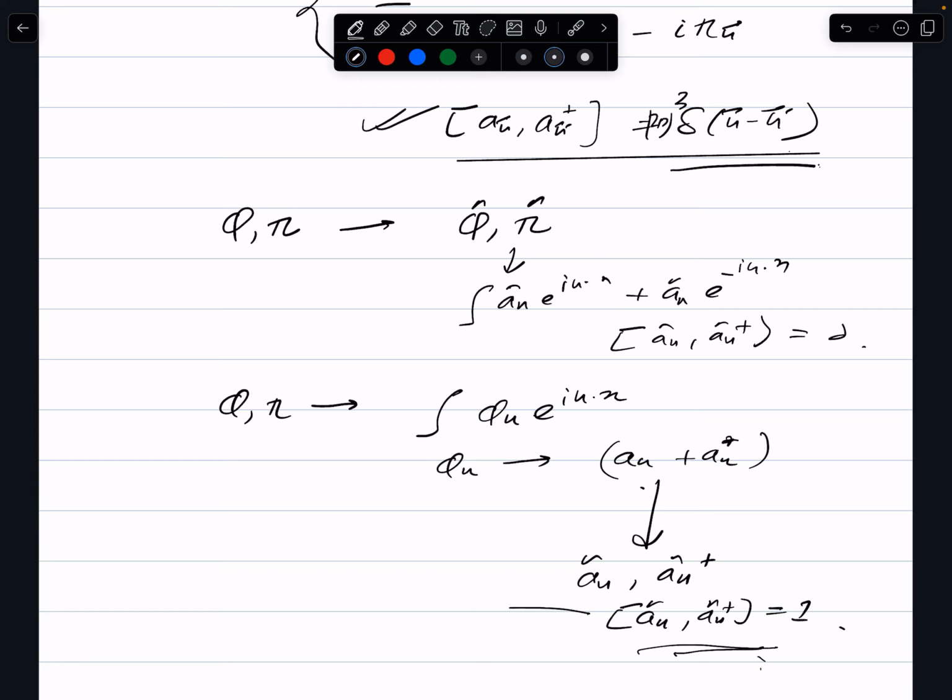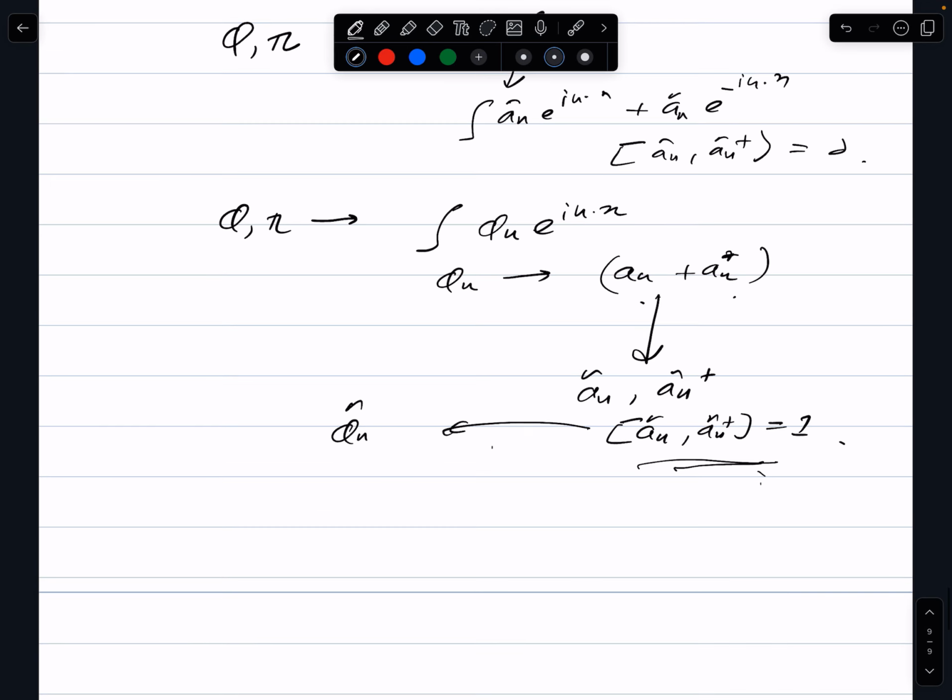Then I can go back and check that now that these are operators, phi and pi are also operators, and what is the commutation relation satisfied by phi and pi, and you will see that it's the same thing. So these two ways of doing things are really the same.